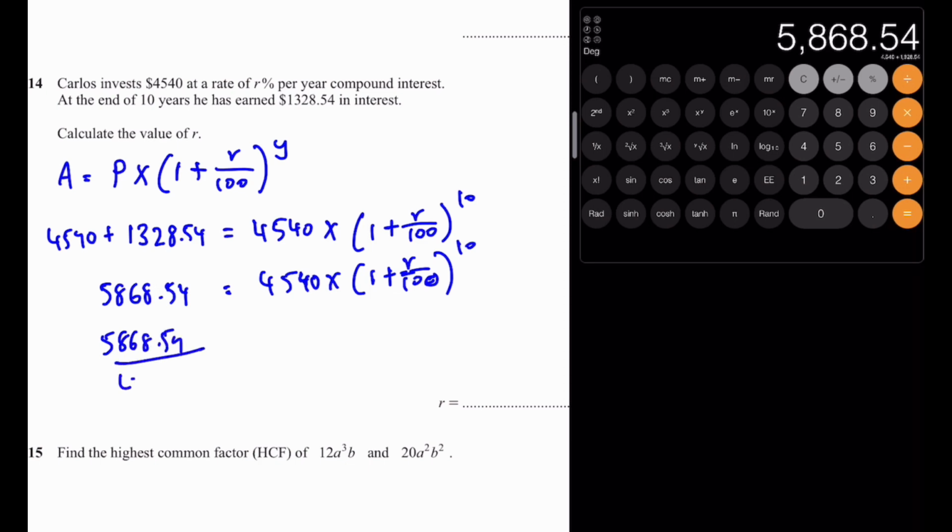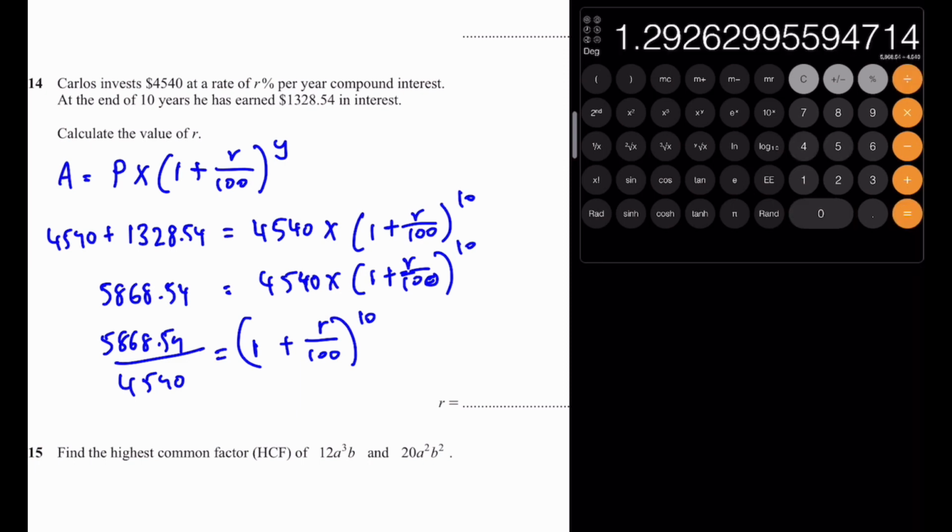So 5868.54 divided by 4540 is equal to (1 plus R/100) to the power 10. Now we can divide this value by 4540. That'll be 1.2926. So 1.2926 is equal to (1 plus R/100) to the power 10.